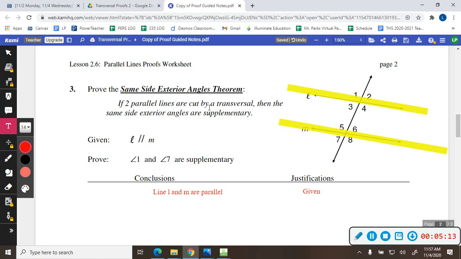So what we're going to do, they want us to prove that angle 1 and 7 are supplementary. So we're going to start with angle 1. And we're going to make a plan to get to angle 7. I think this is my plan, and there's many different plans you could pick. I am going to go from 1 to 5 first, because I know those are corresponding.